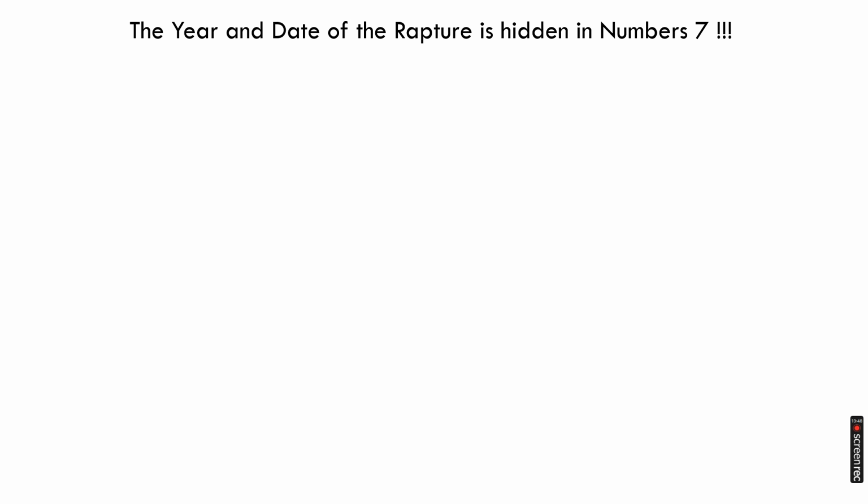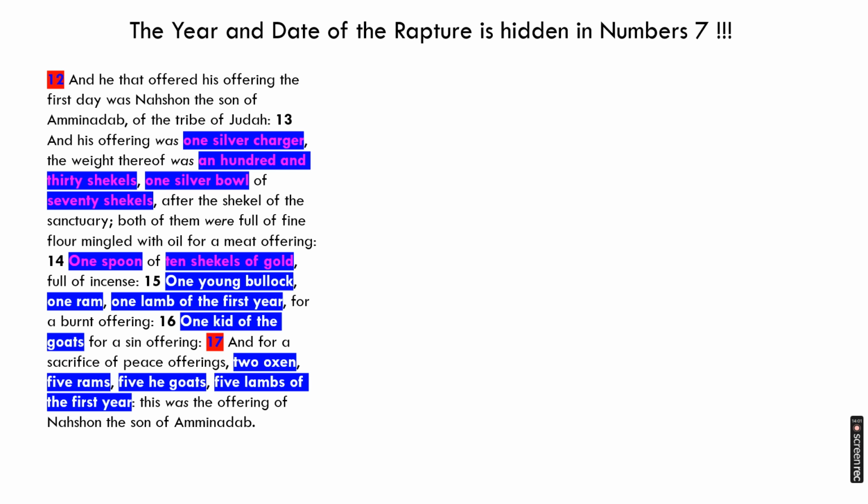The reason why Numbers chapter 7 is such a long chapter is because 6 verses are used to describe each day's sacrifice. Hence, a total of 72 verses are needed to describe all 12 days. Other than the day number and the name of each prince, the verses are almost identical.